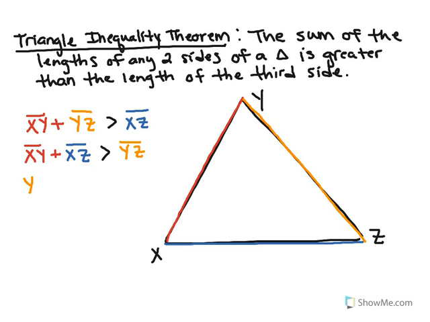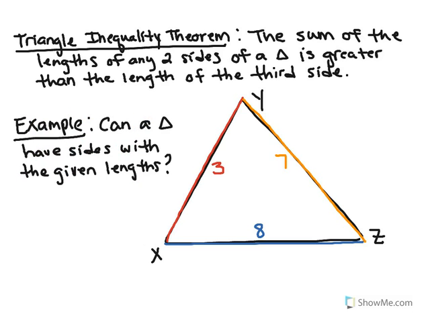How about YZ and XZ? The same exact rule applies. The sum of those two sides is going to be greater than XY. That's what this theorem says, and that's super important because the only way that a triangle can be formed is if this is true for every pair of sides that you have.